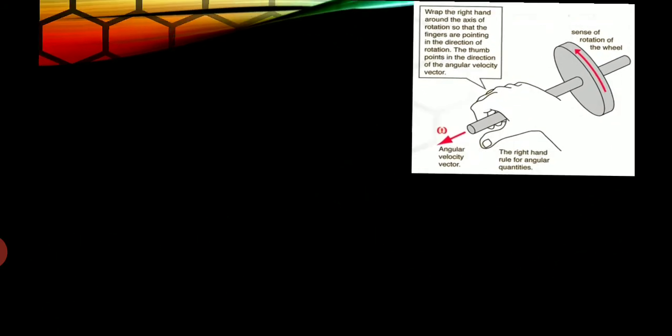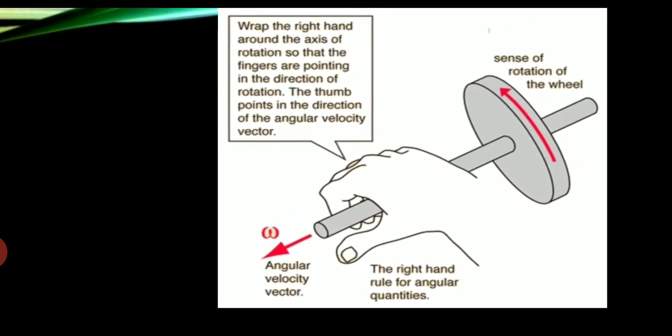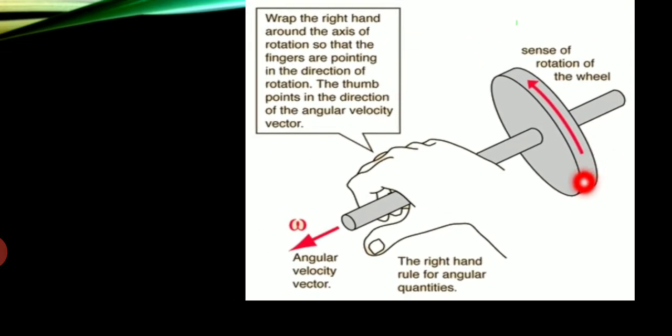Okay, before going further, we will once revise the right hand thumb rule. Here you can see the right hand thumb rule. The fingers represent the rotation of the wheel and the thumb represents the angular velocity vector, the direction of angular velocity vector omega.